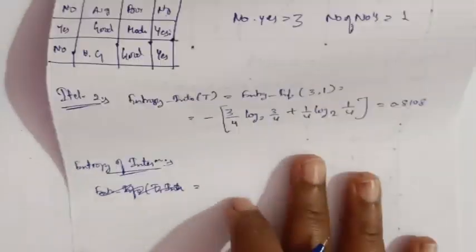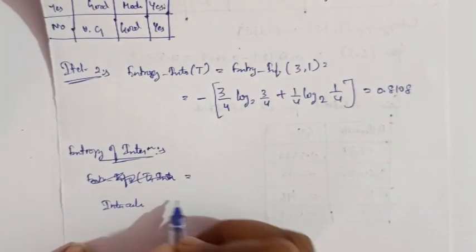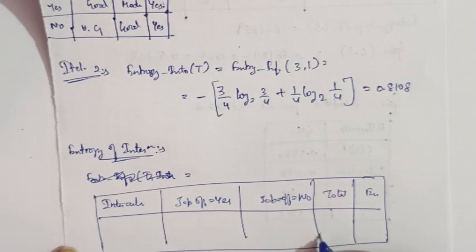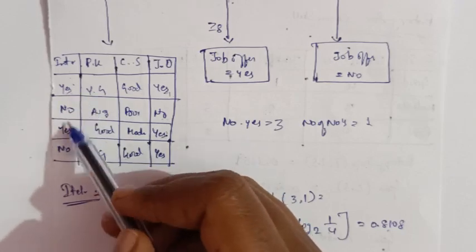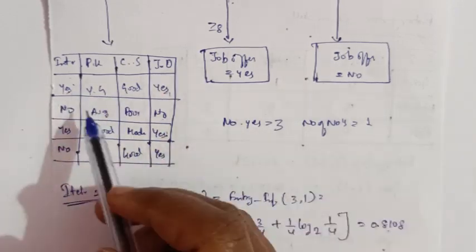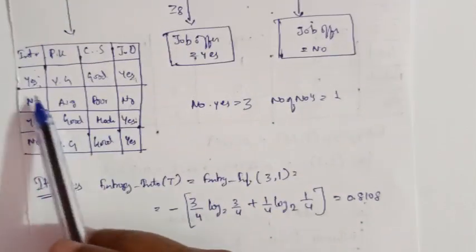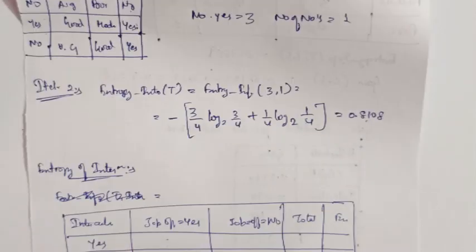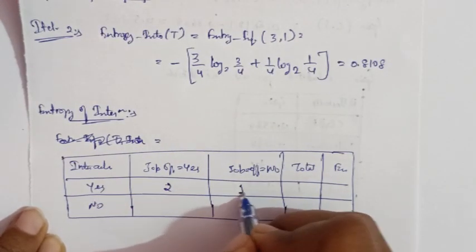For interactiveness, job offer equal to, in interactiveness we have only 2 types of attribute instances, S and no. For S we have 1S and 2S, so here it will come 2, but we have no's for this S attribute.